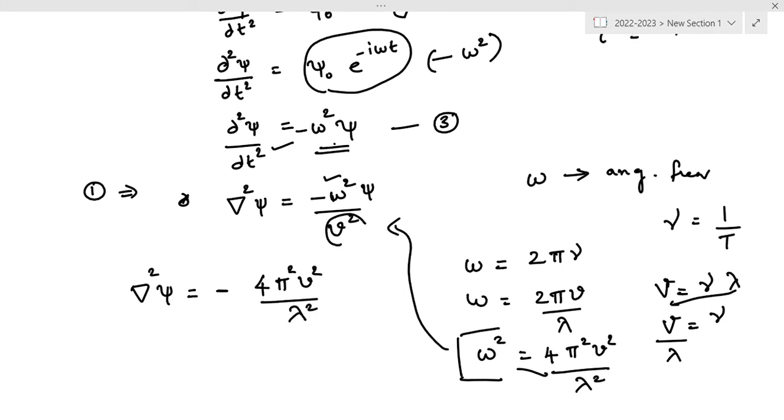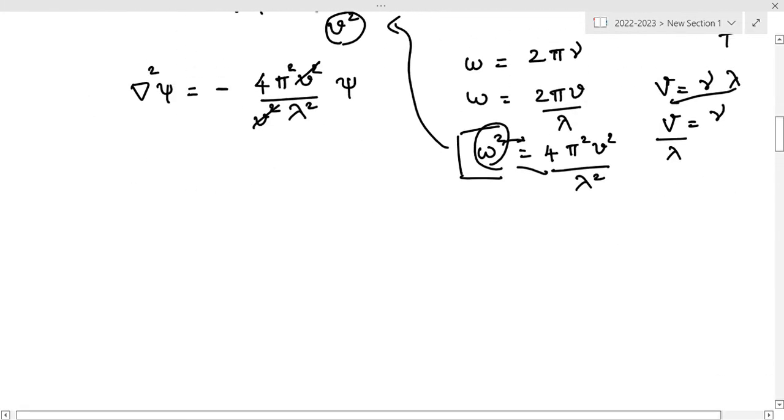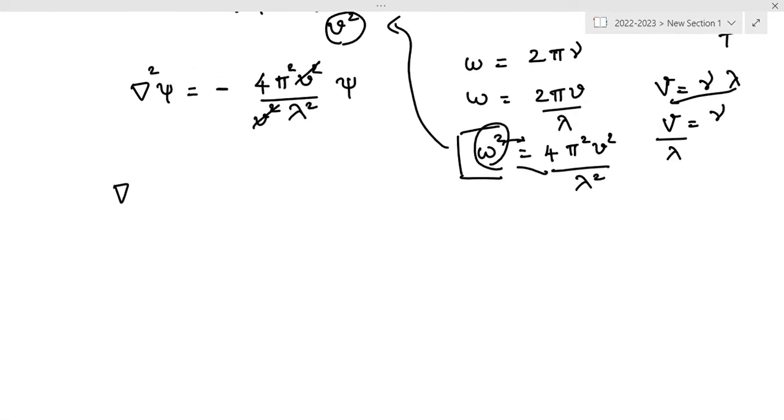Already we have a V square here, I am writing it, and then psi. So instead of omega square, I have replaced this value. The V square gets cancelled off, and I am consolidating this equation as del square psi plus, taking this towards the LHS, 4 pi square by lambda square psi is equal to 0.